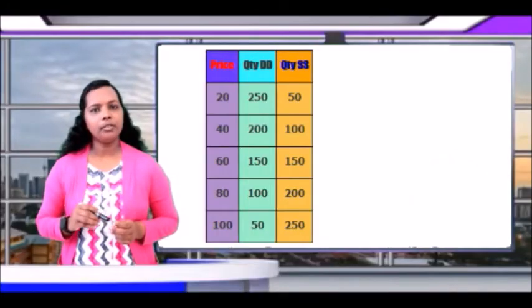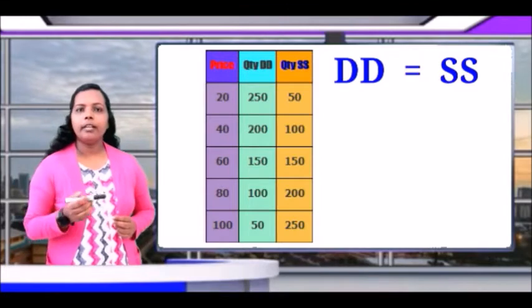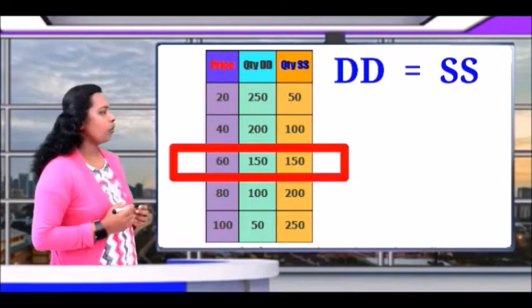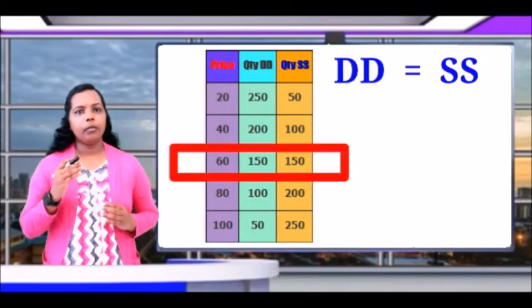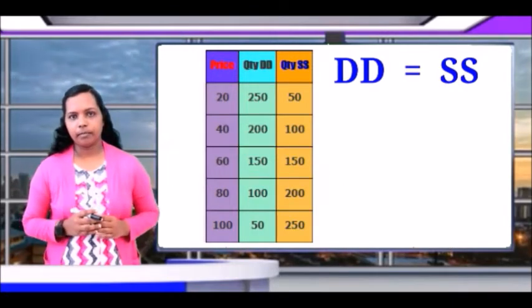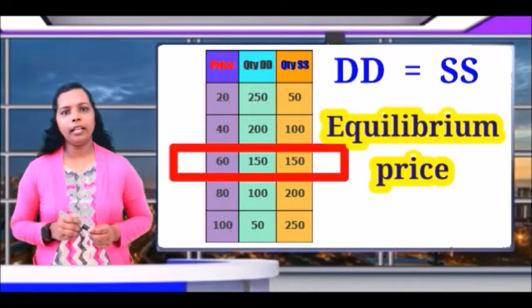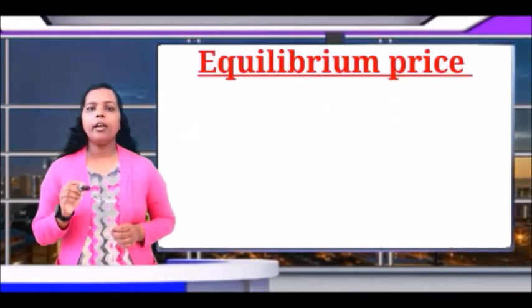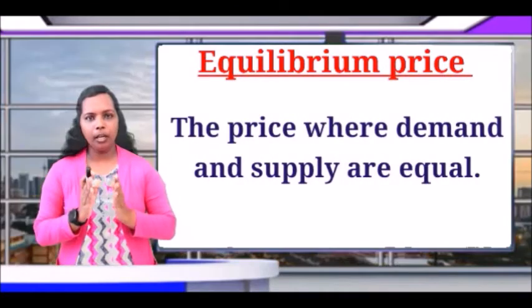Have you got the price where demand and supply are equal? Yes, sure, at the price of 60, the quantity demanded and quantity supplied are equal. The quantity is 150 units. This is the equilibrium price. So, can you define equilibrium price? Equilibrium price is the price where demand and supply are equal.